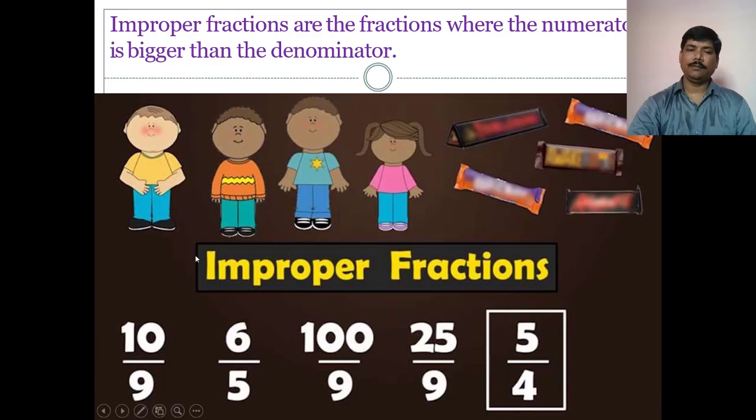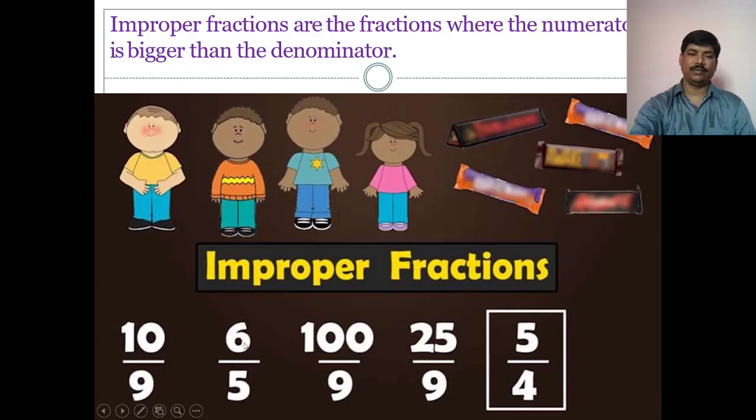Now, another type of fraction, improper fractions. Improper fractions are the fractions where the numerator is bigger than the denominator, or we can say the numerator is larger than the denominator. In this fraction 10 upon 9, the numerator is 10 and the denominator is 9.